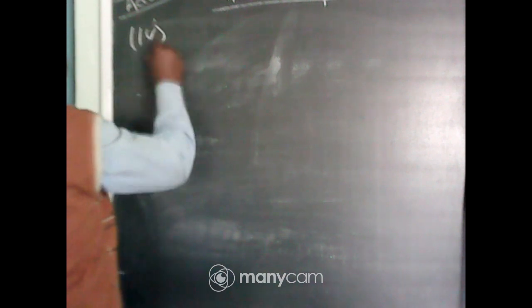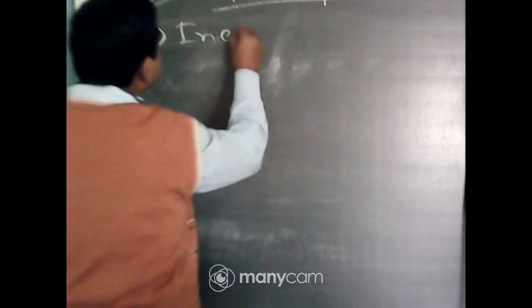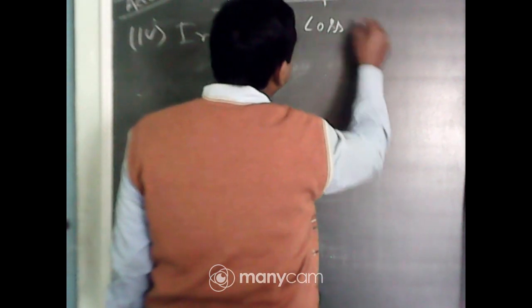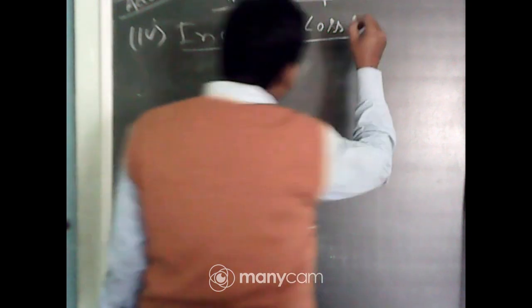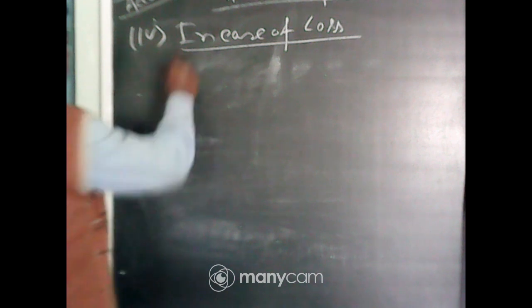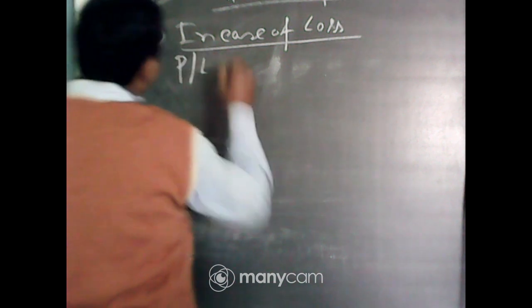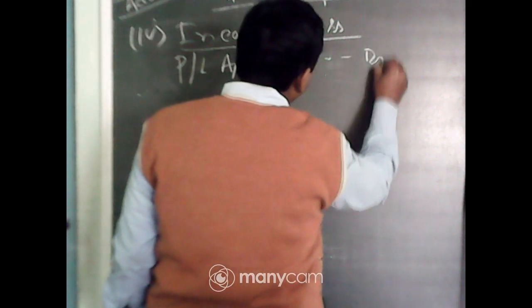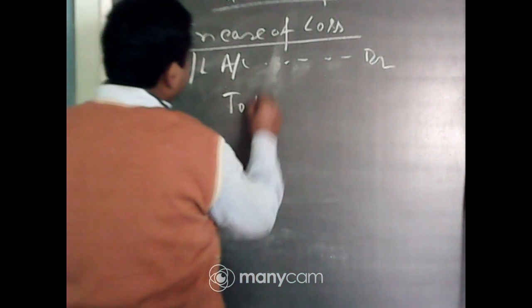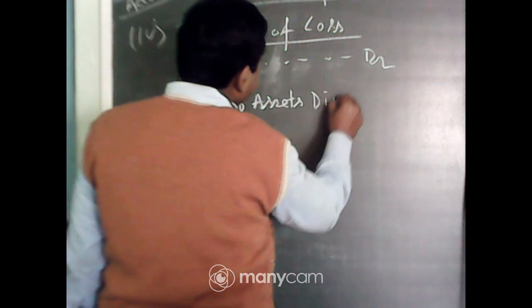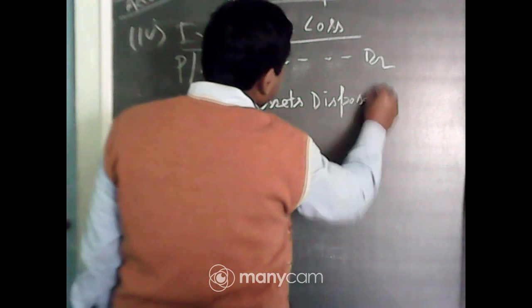So number 4, in case of loss, that is profit and loss account debit, we are writing in short, P&L account debit to asset disposal account.